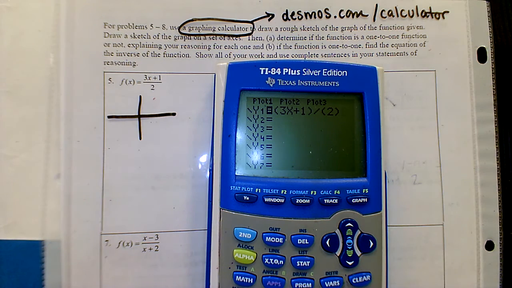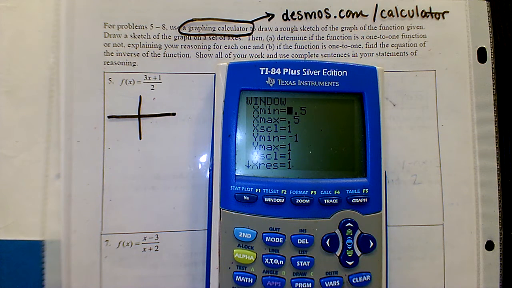Now before you hit graph, let's go ahead and change our window. They don't really give us any clues as to which window to use. So if that's the case, I always go in tens in every direction, negatively and positively, and I count by ones.